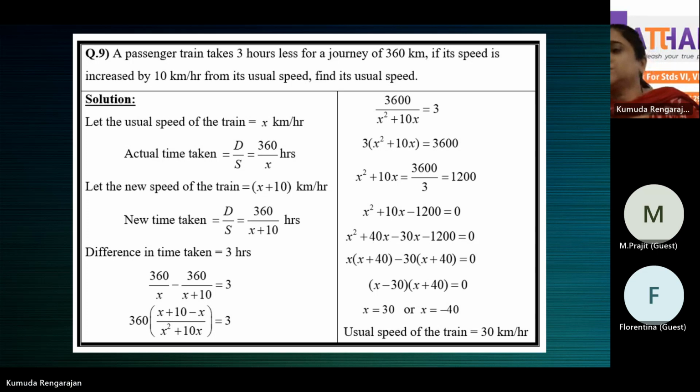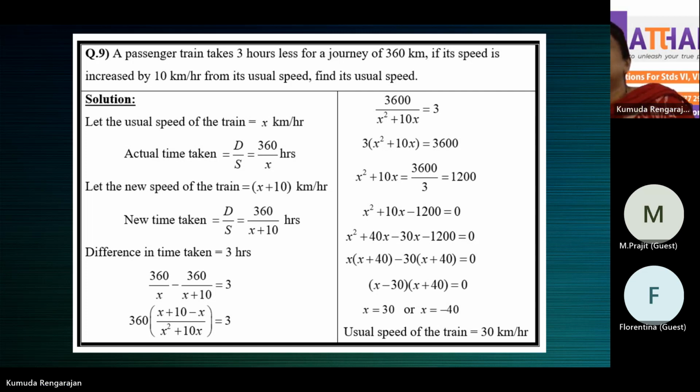Give me a book. Sit down, sit down. Question finished?